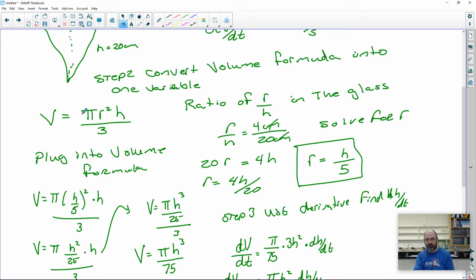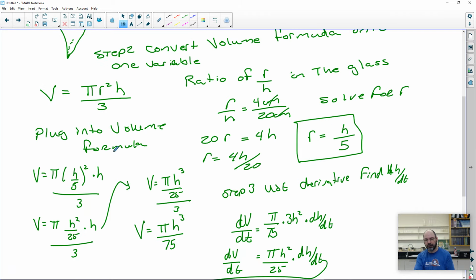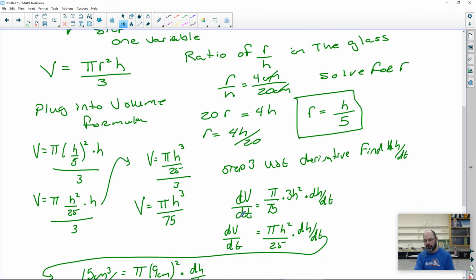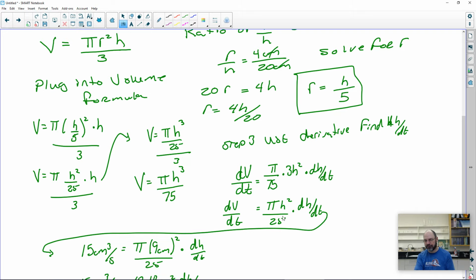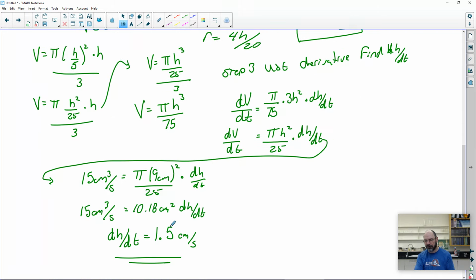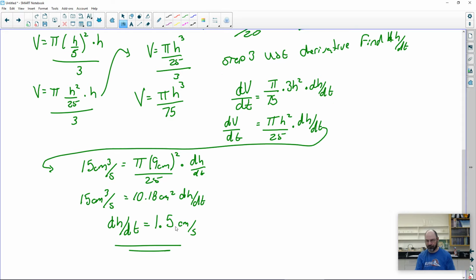Plug it into the original volume equation to get the volume equation into one variable only. Derive that using differentials. Plug in your values for your differentials to calculate your result. Okay, that is the process for this.